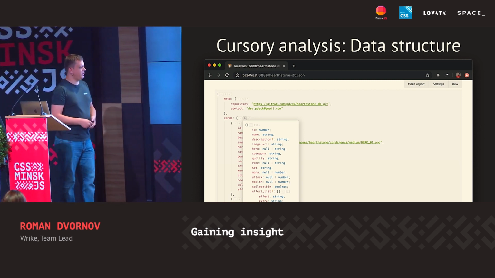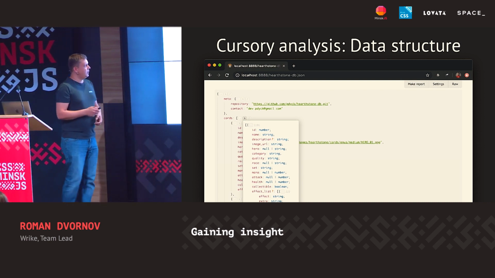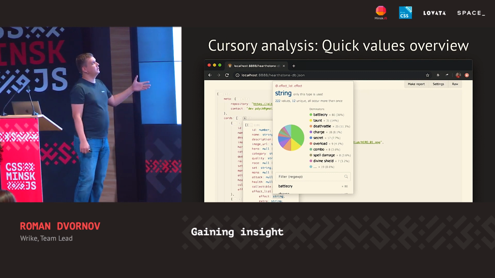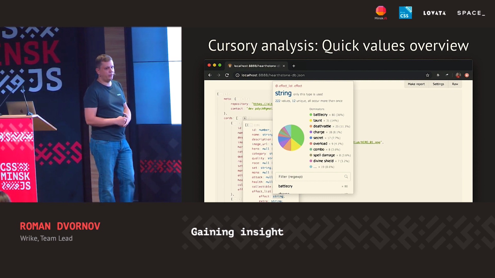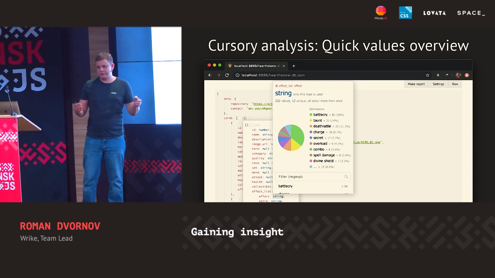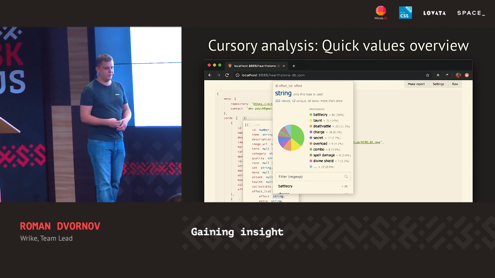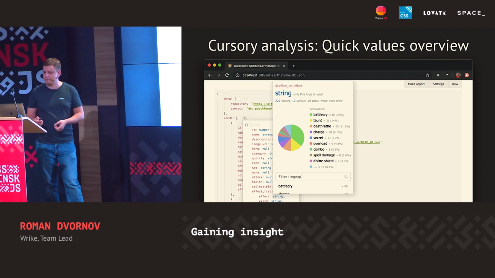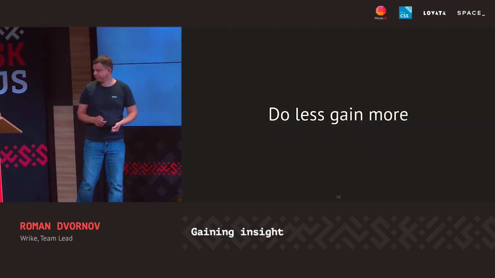It's like TypeScript, but very simple. But besides that, you can see the structure of your values. So you can get a quick overview of your values and see some dominators and so on. So you don't need to write any queries. You don't need to do many actions, write actually any code, and get some insights about your data structure. And this is about do less, gain more.